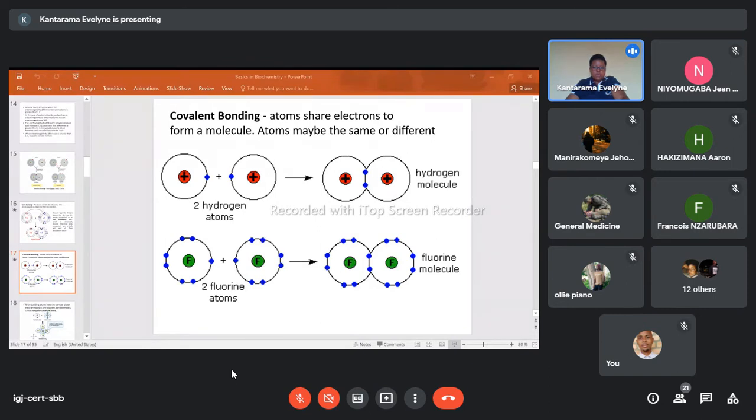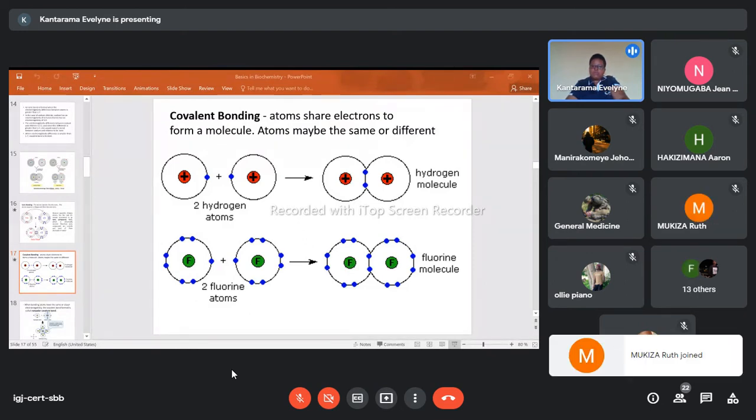Here we have two hydrogen atoms sharing their electrons to make a hydrogen molecule. The same with fluorine: two fluorine atoms share their electrons to make a fluorine molecule. When bonding atoms have the same or close electronegativity, the covalent bond formed is called a nonpolar covalent bond.